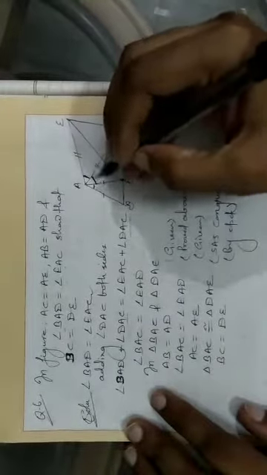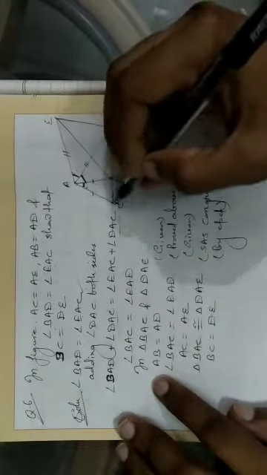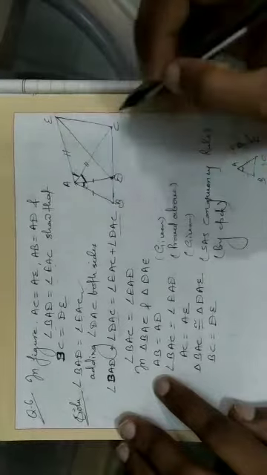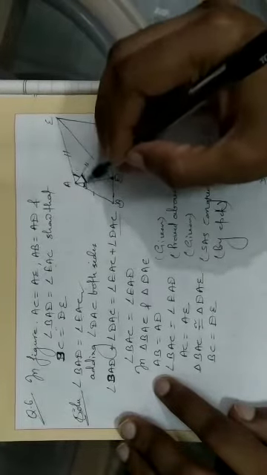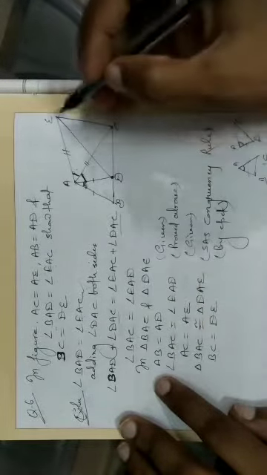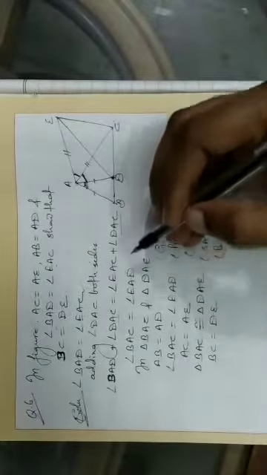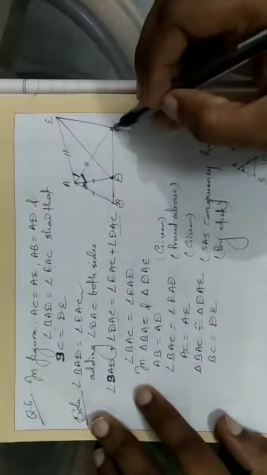This we have added both sides because this is common for both. So if you add angle BAD and angle DAC, this full angle you will get what? Angle BAC. So you will get angle BAC equals, similarly, angle EAD.